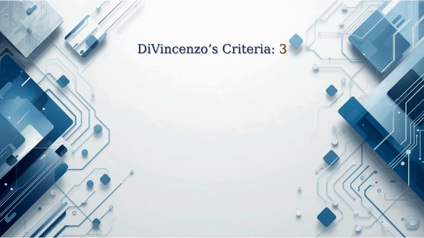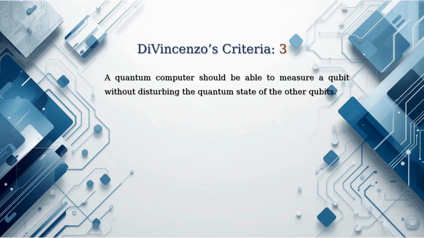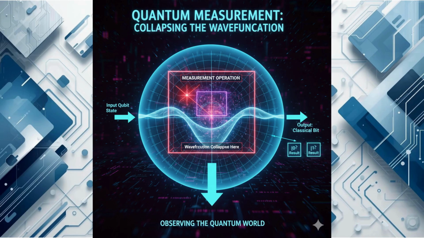The third criteria is that a quantum computer should be able to measure a qubit without disturbing the quantum state of the other qubits. A quantum computer often measures a qubit by applying a pulse to a qubit.